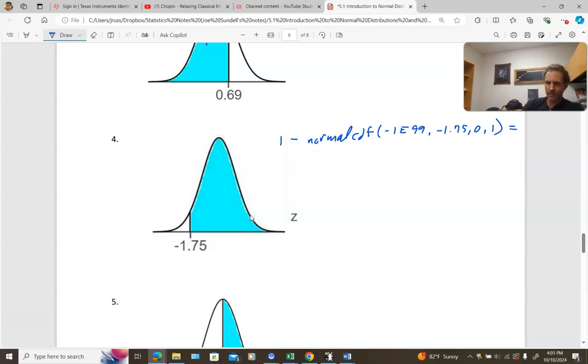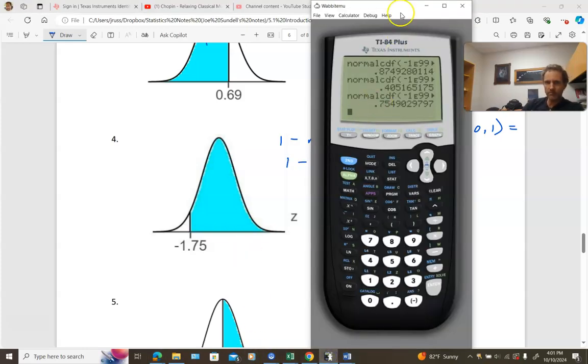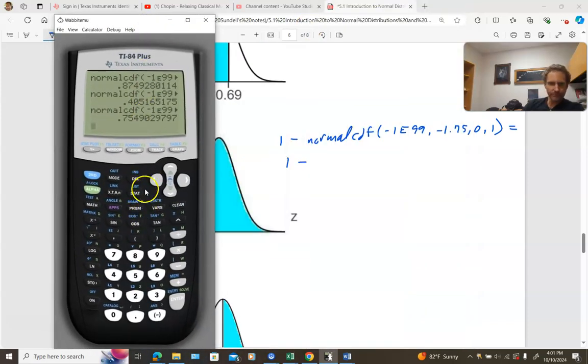And so if I type this into my calculator, I get 1 minus, let's go ahead and do this. I'm just going to reuse, I'm going to go to second entry. I'm going to change that z-score to a negative 1.75, put a comma, 0, comma, the standard deviation, which is 1, and close that with a parenthesis. And we're going to get 0.0401.